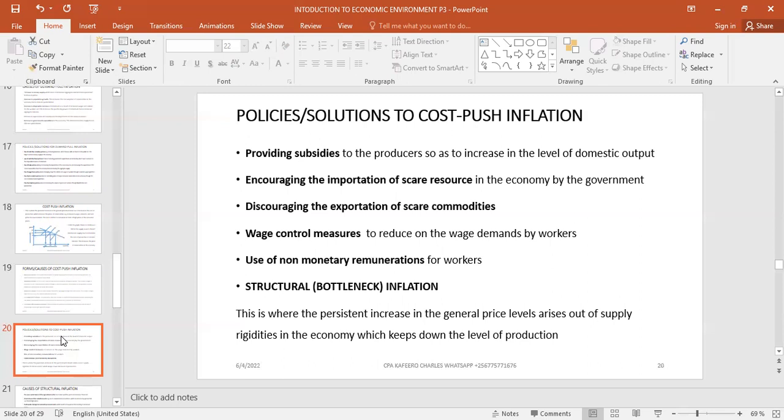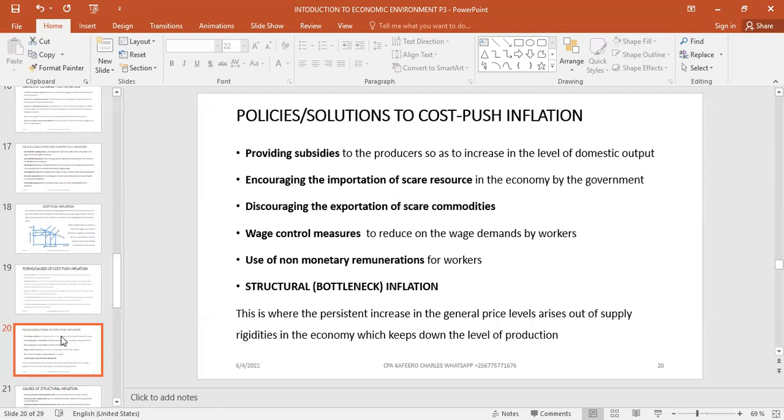Allow me to go to the next classification of inflation by causes, and that is structural or bottleneck inflation. As the words suggest, bottleneck is used especially in manufacturing firms.